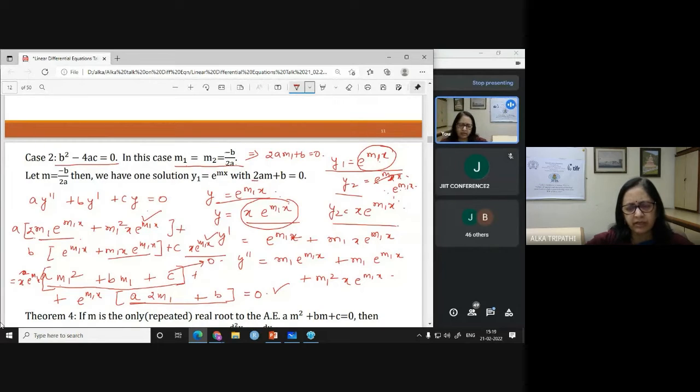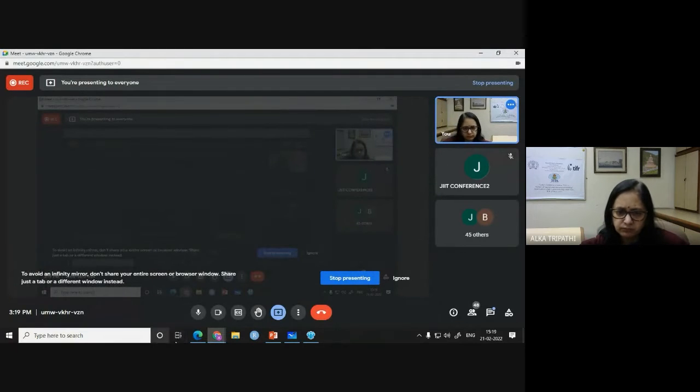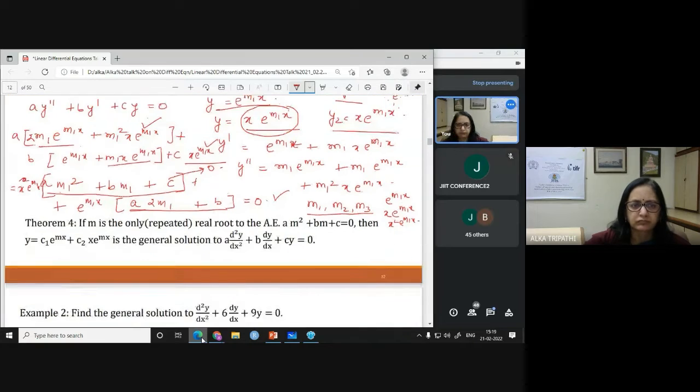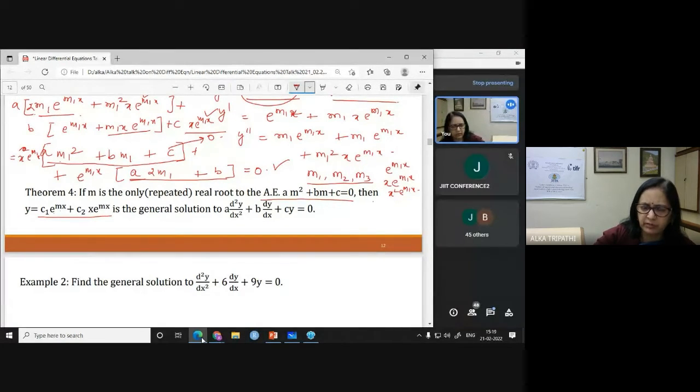Similarly, suppose I have a third order equation and m1, m2 and m3 are all equal. In that case I will consider the first solution to be e to the power m1x, the second one x e to the power m1x, and the third one x square e to the power m1x. From this we have the theorem: if m is a repeated real root in the auxiliary equation, then our solution will be of this form, because one of them is e to the power mx and the second one will be x e to the power mx.